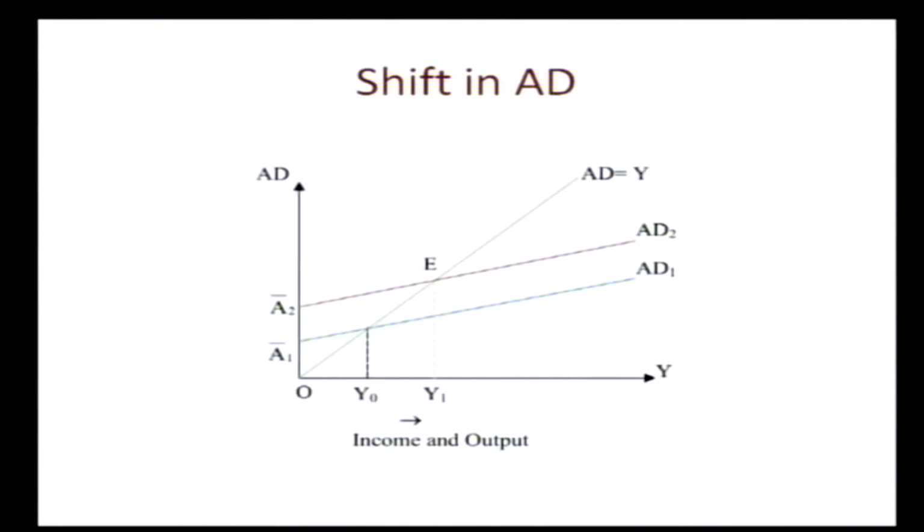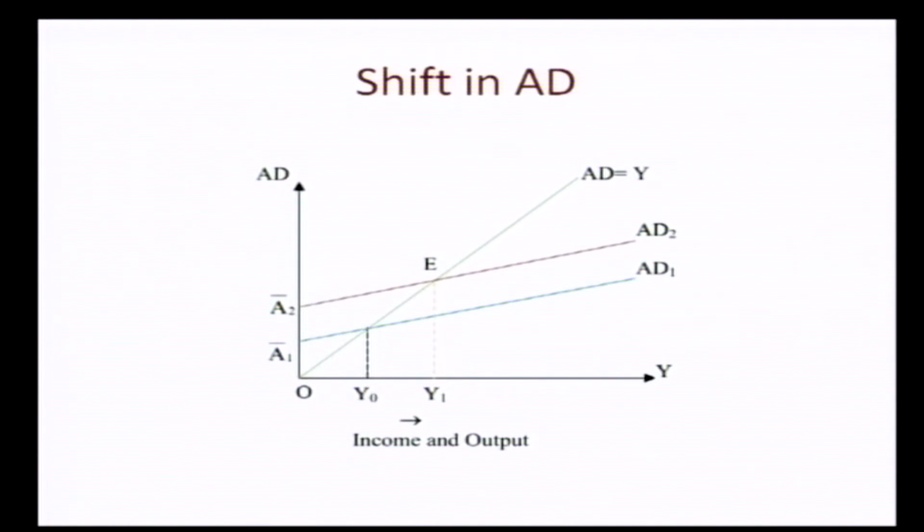Earlier we discussed that when the economy is not at the equilibrium, when there is less supply and more demand, in that case the supply automatically comes up. But when the demand is less and the economy is, suppose, at point Y0, in this diagram I take you to the next level, there is a shift in the aggregate demand curve.